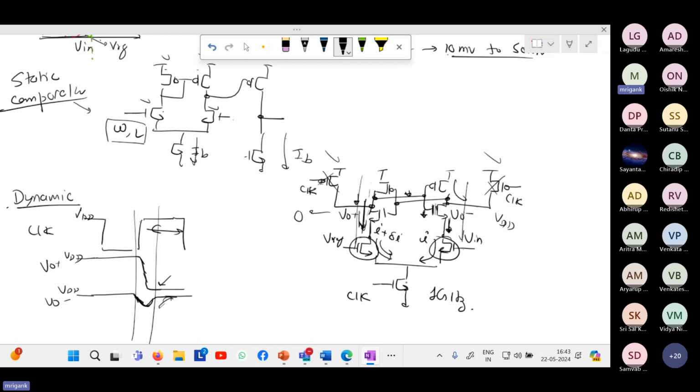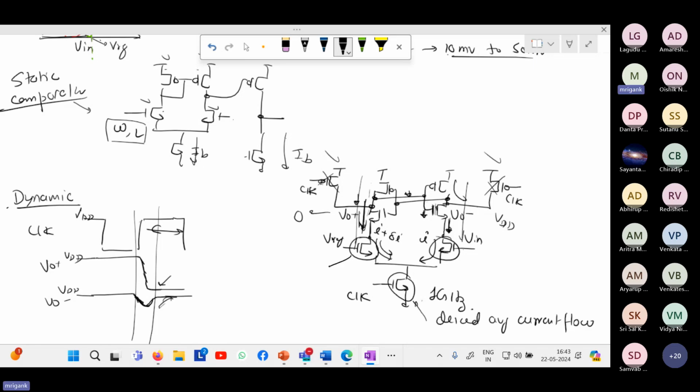Clock transistor, this device, if you make it bigger, it will lead to faster operation, definitely, but more power consumption also, because ultimately the net transient current that flows during this transition period depends on the clock, this bottom transistor dimension. So the size of this one will decide the average current flow.